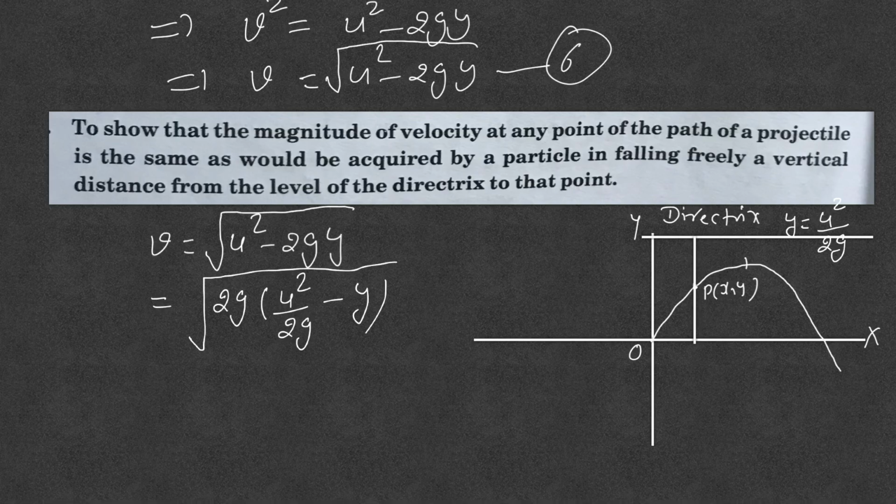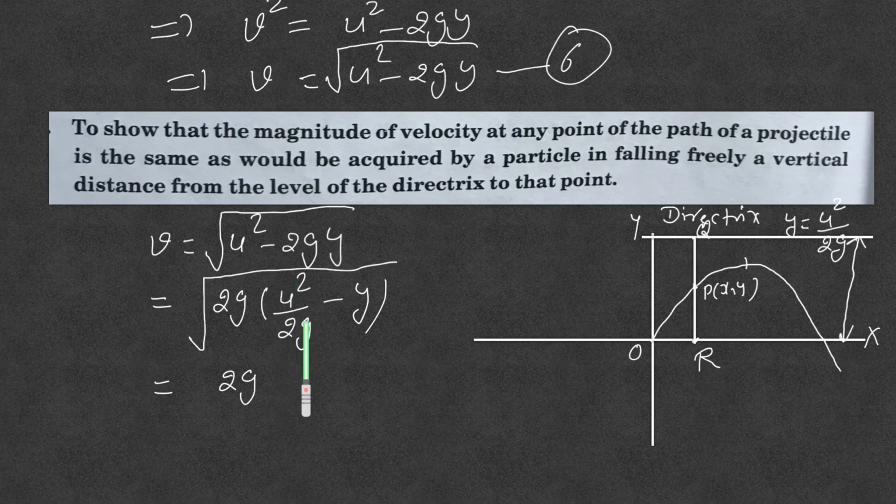If this point is P, can I name this particular point as Q and this particular point as R? So u square by 2g is this particular ordinate, this vertical distance from here to here. So I say that this is QR, because the equation of the directrix is y equal to u square by 2g.